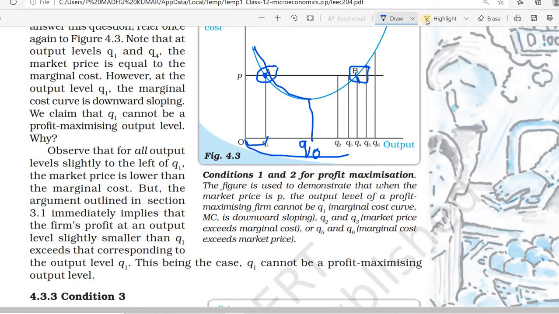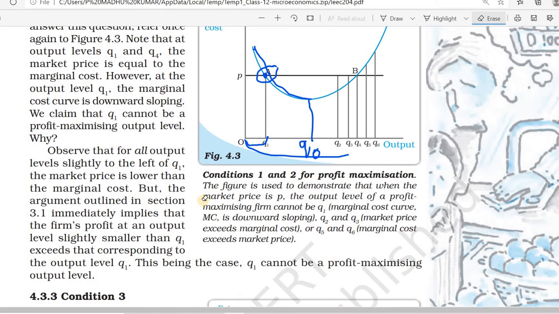Here the cost is more at this point, and at Q6 also the cost is more. But here cost equals price. At Q4, marginal cost equals price. This point is the profit-maximizing point.